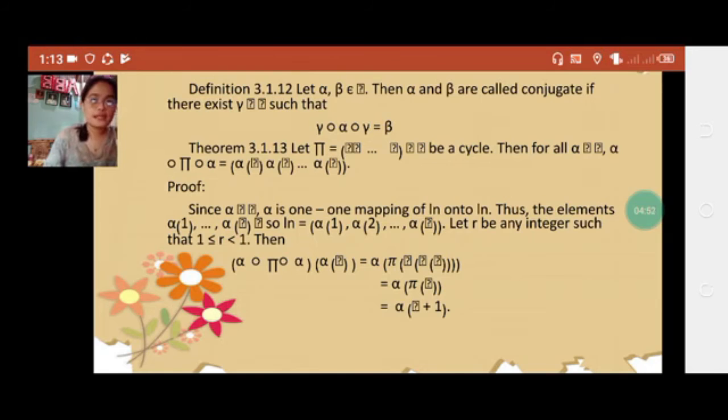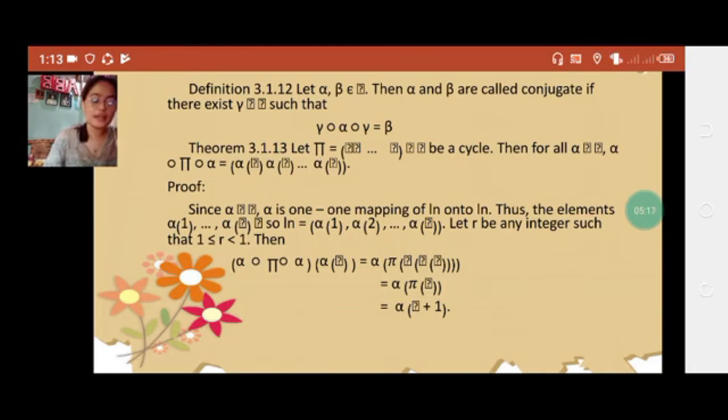Proof. Since alpha is an element of S sub n, alpha is a one-one mapping of Ln onto Ln. Thus, the elements alpha of 1 up to alpha of n in Ln are all distinct, and so Ln is equal to the set of alpha of 1, alpha of 2, to alpha of n.